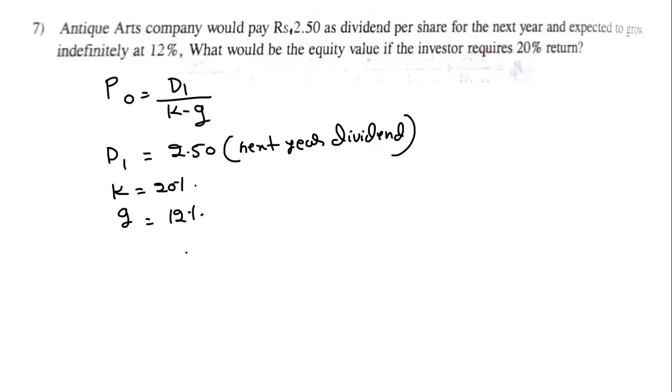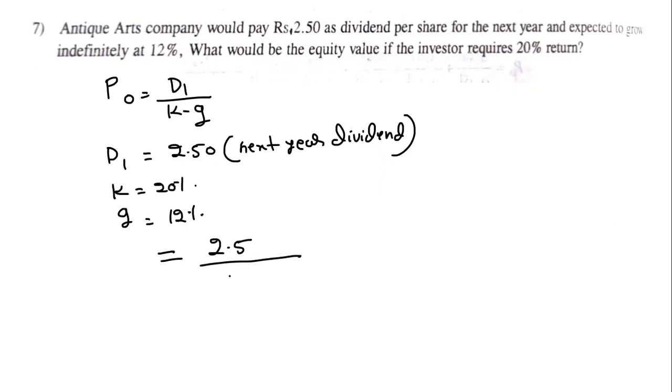So if you put in the formula, 2.5 is the D. Here we are not adding the growth rate because the dividend is about to be paid for the next year. In the last problem it was for the current year, that's why we added the growth rate.